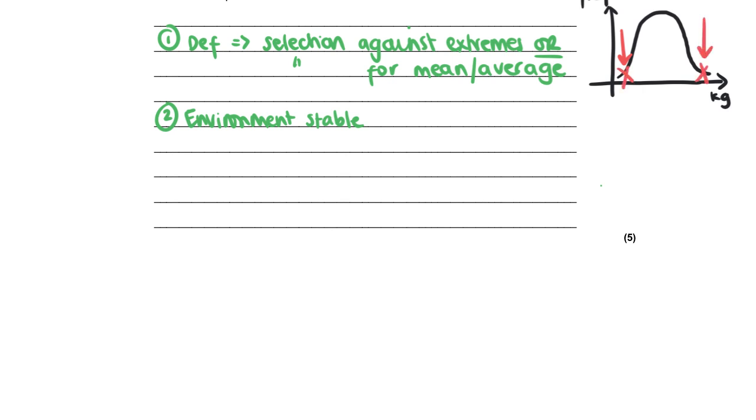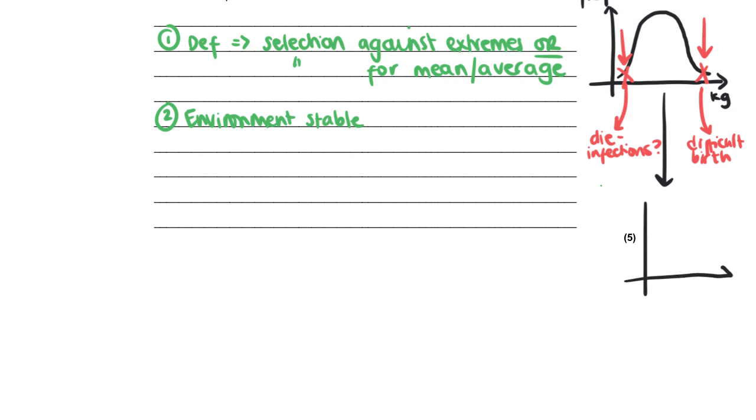In terms of babies' weights, these low-weight babies are more likely to die from things like infections, whereas our high birth weight babies might just be difficult to birth and could have complications. So over time, the spread of a trait that undergoes stabilizing selection, the curve becomes very narrow.